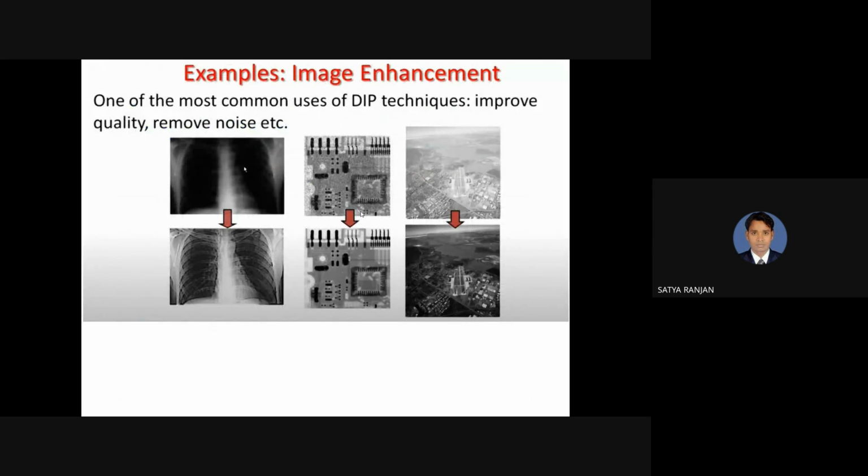This is one example of why digital image processing improves quality. This is an X-ray image of a human body. After the enhancement, all the skeletal and other features are clearly visible. Likewise, this is the difference between before enhancing the image and after enhancing the image.